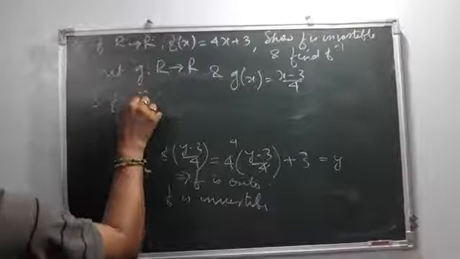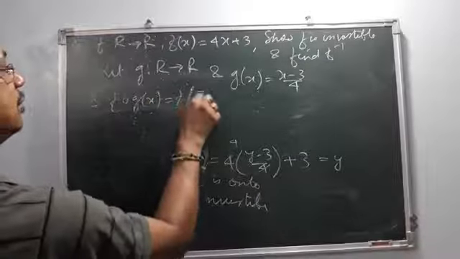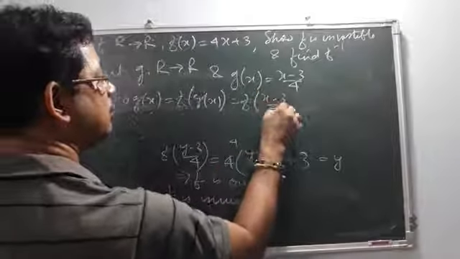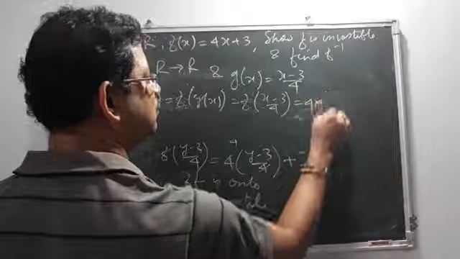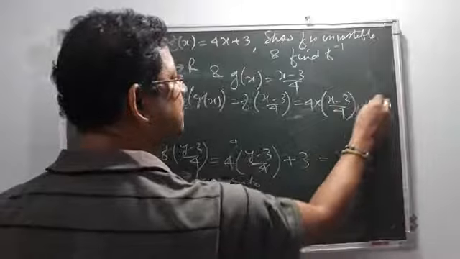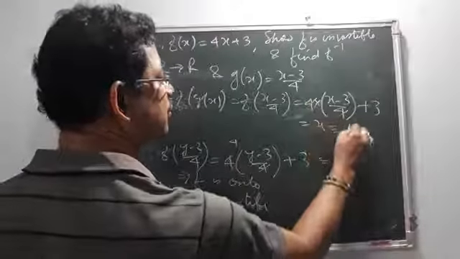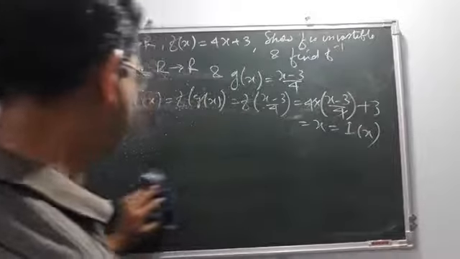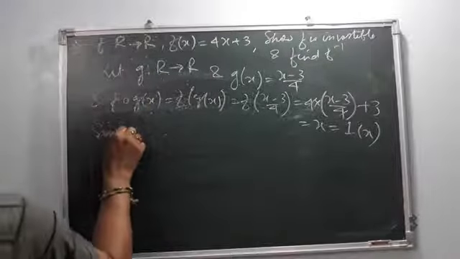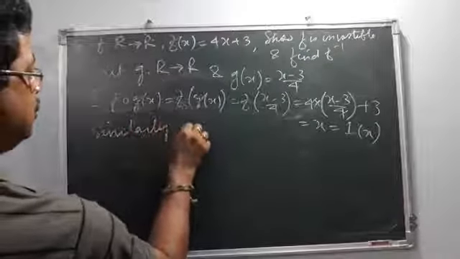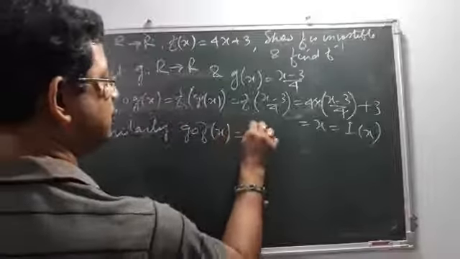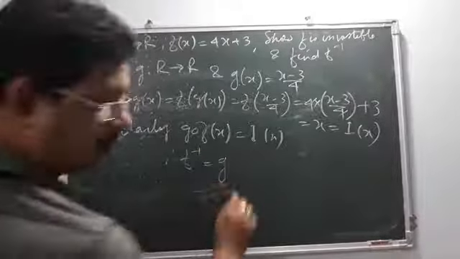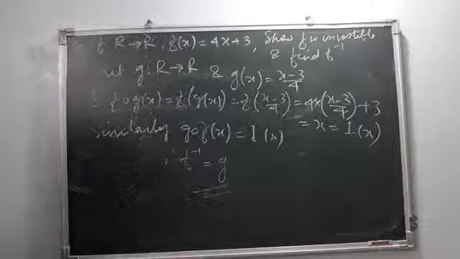Then fog(x) is equal to f(g(x)), where g(x) is x minus 3 by 4, is equal to 4 into (x minus 3) by 4 plus 3. After cancellation, this is x, so it is I(x). Similarly, gof(x) is also I(x). Therefore, f inverse is g. So that is the answer of this one.